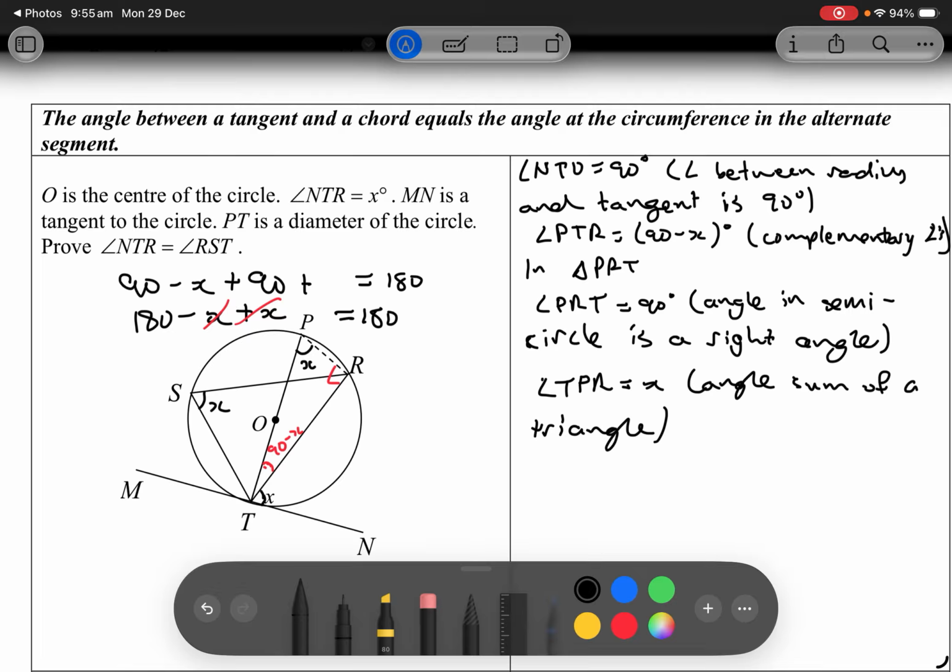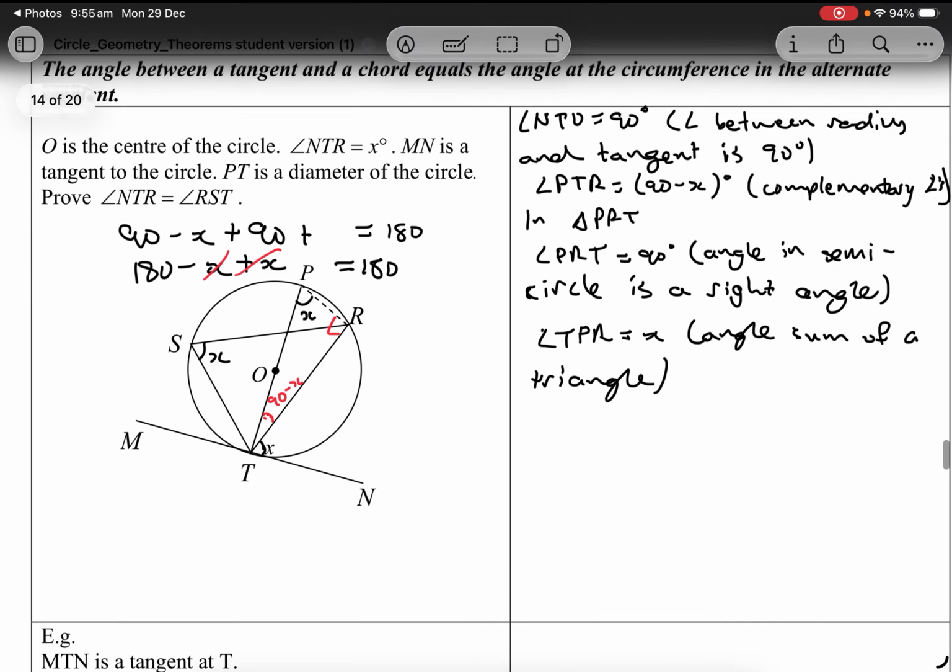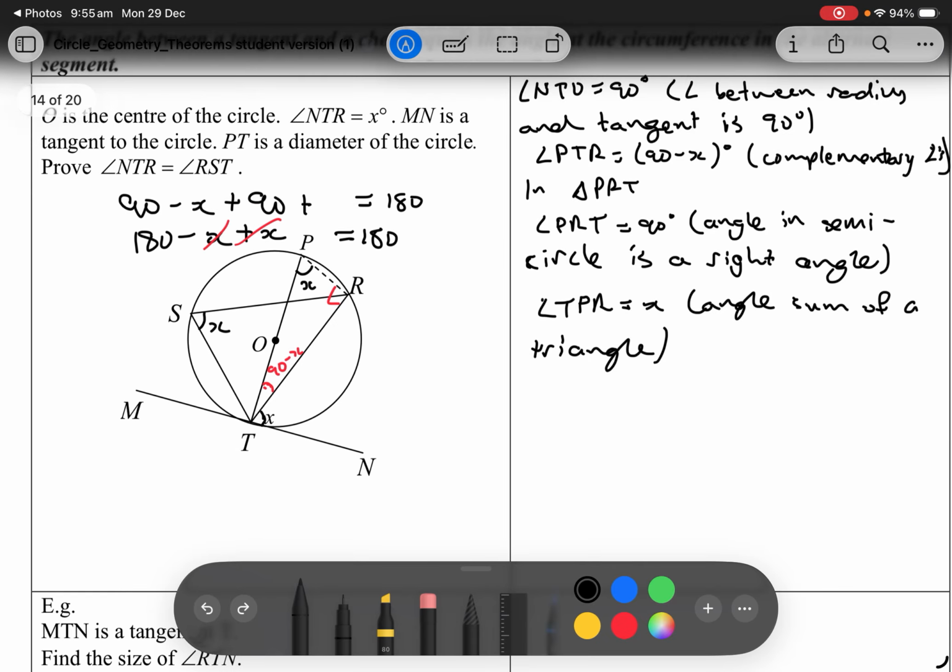Now, with that in mind, we can make one claim, because we notice here that this angle, TPR, is x. This arc here, we can see that this angle that we're trying to find, RST, also sits on that same arc. So we can use another circle theorem from earlier.